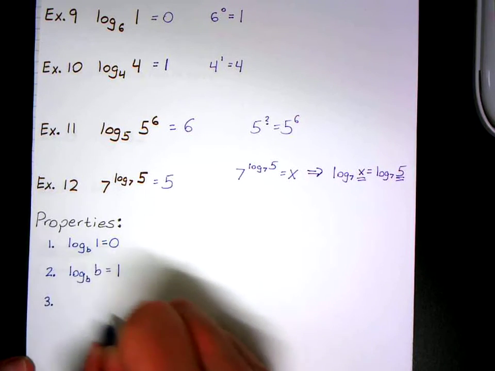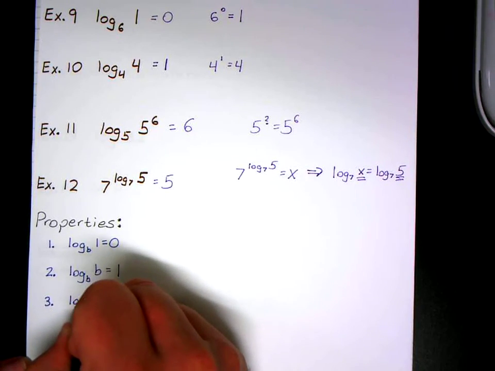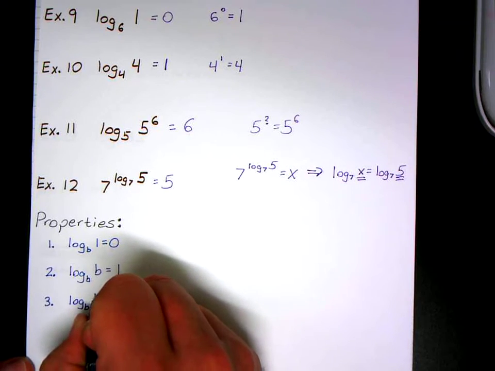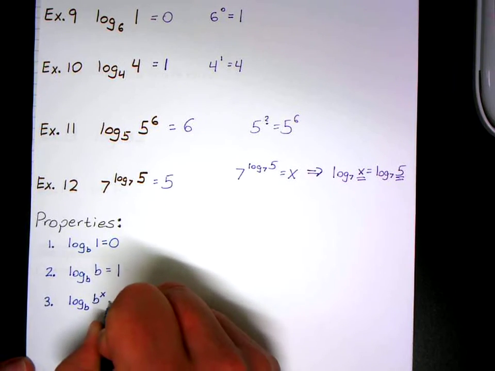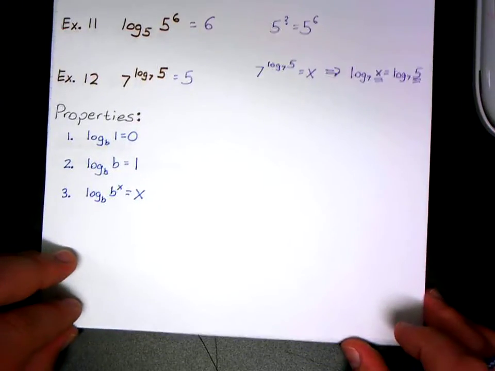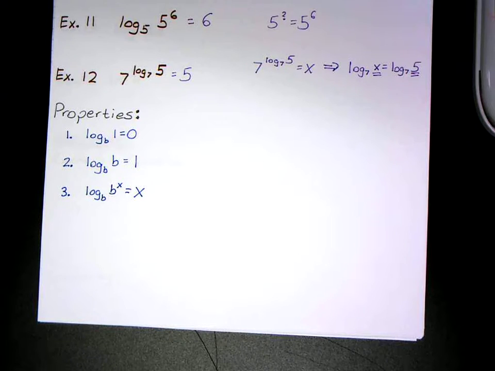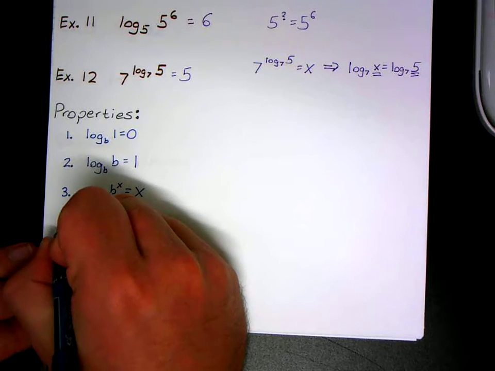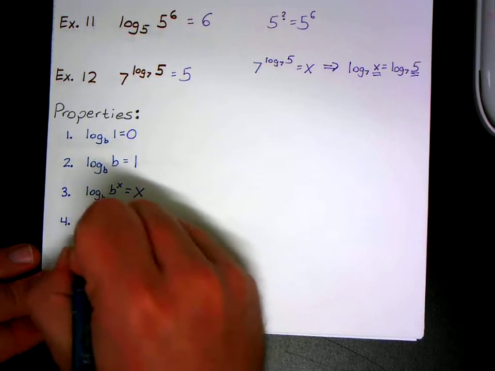Okay, third rule. It follows example 11. If you have the base and the exponential base are the same, then the exponent just is your answer. And then the fourth one follows example 12.